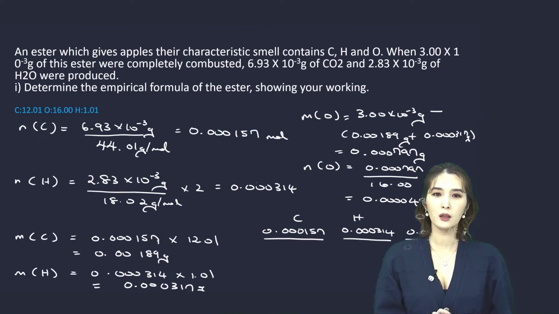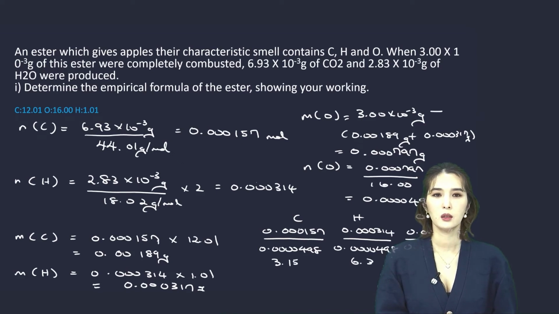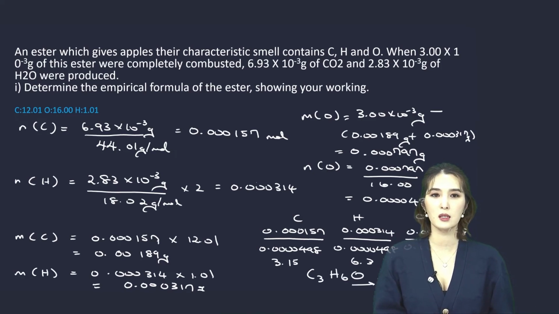Now, we're not going to get a whole number in this case as well. And so when you input that in, the value that you get for carbon happens to be 3.1, and hydrogen gives you roughly about 6.3, oxygen is 1.